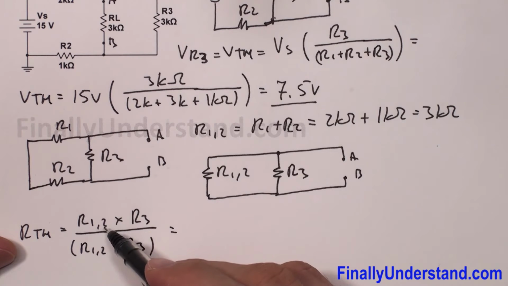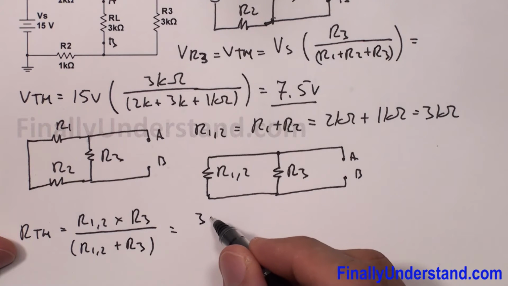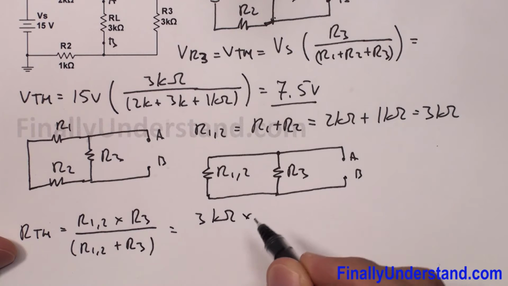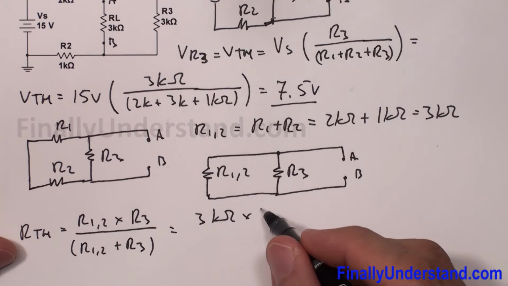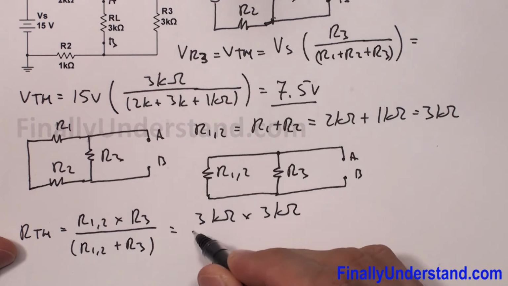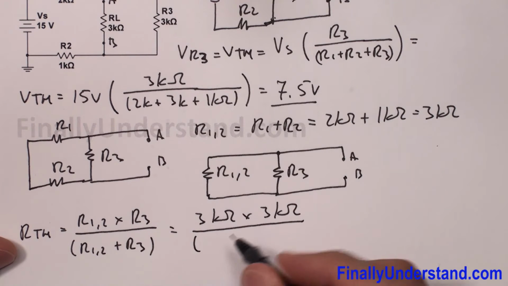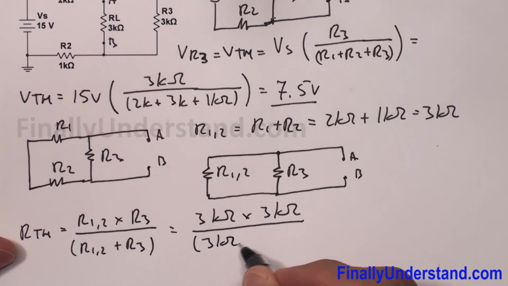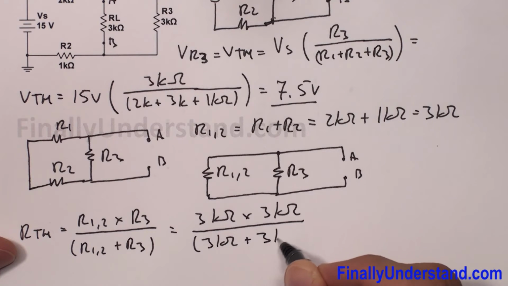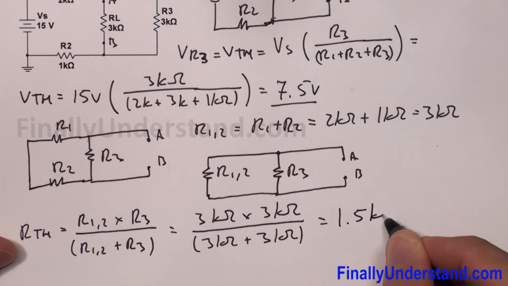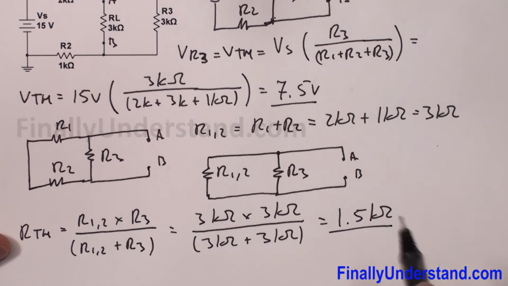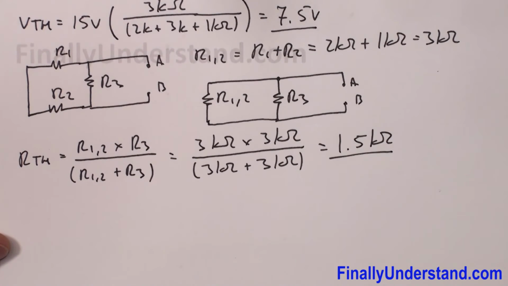So R1,2 we found is equal to 3 kilo ohms times R3, which is also equal to 3 kilo ohms, over 3 kilo ohms plus 3 kilo ohms. This is equal to 1.5 kilo ohms. Okay, so we found RTH.